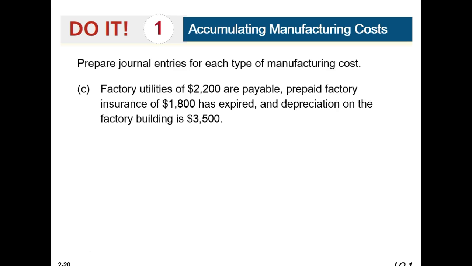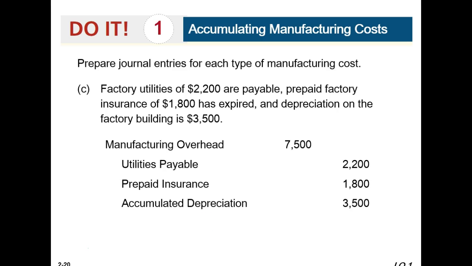Now we have to create a journal entry for our manufacturing overhead. Factory utilities of $2,200 are payable. Prepaid factory insurance of $1,800 has expired. Depreciation on the factory building is $3,500.